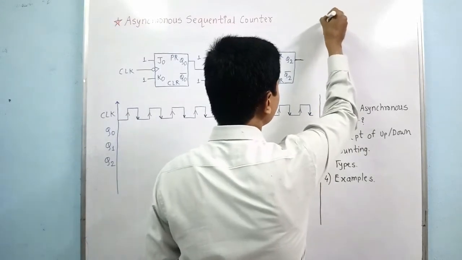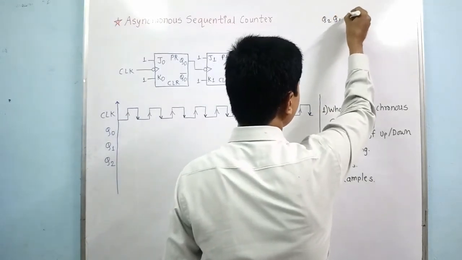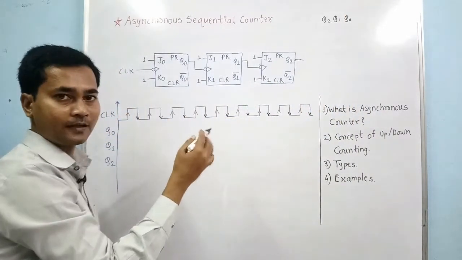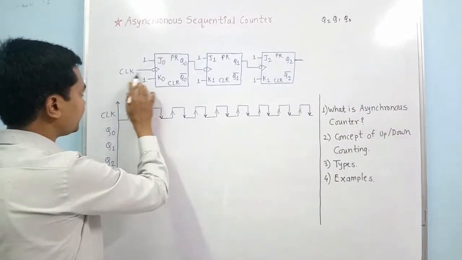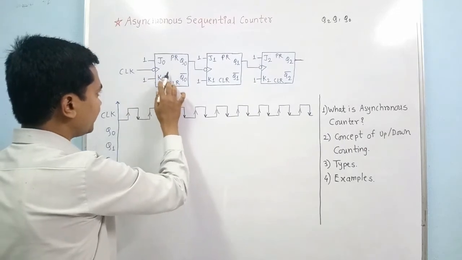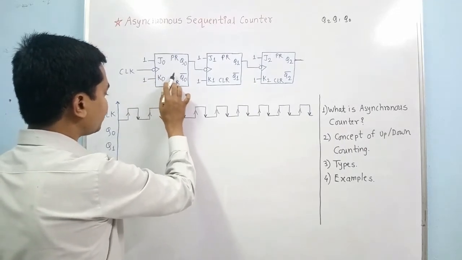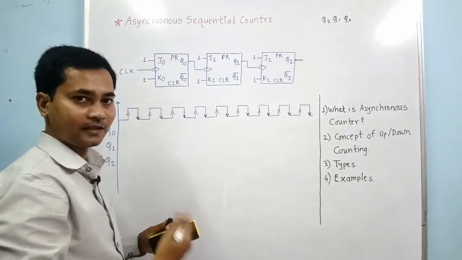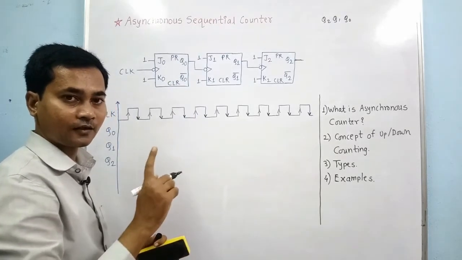Q2, Q1 and Q0 are the counting bits. The clock is applied to the first flip-flop, and the output of this flip-flop changes immediately whenever we apply the clock.